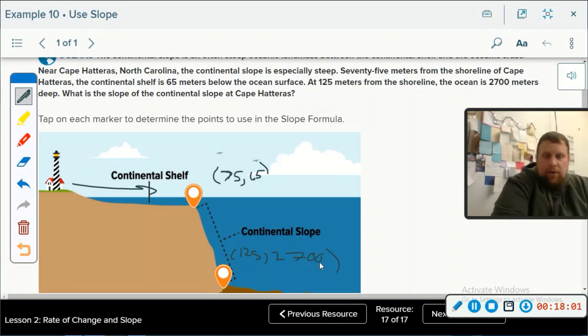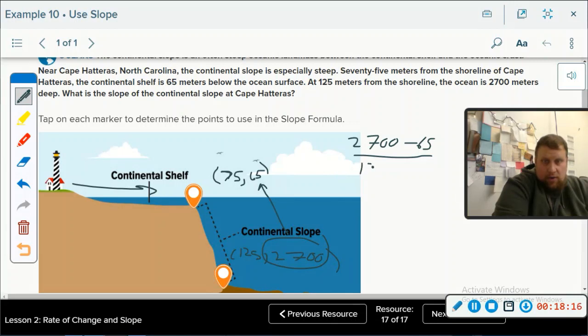Pause it if you want to do it on your own. But essentially, we're just doing the formula, which says 2,700 minus 65 all over 125 minus 75.